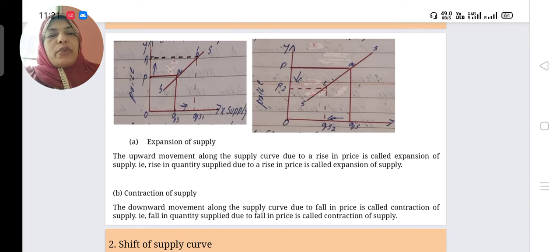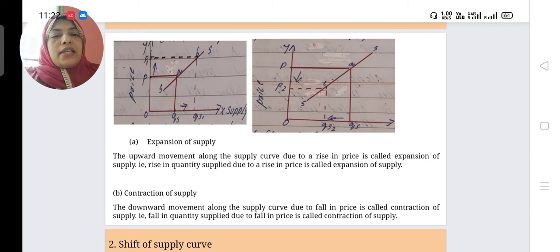So, movement from QS to QS1 is a movement along the supply curve. On that there are points A and B. Movement from A to B due to increase in price is called expansion of supply.